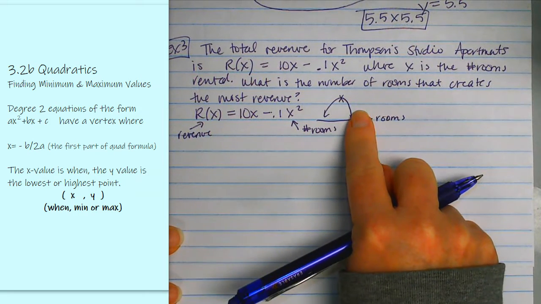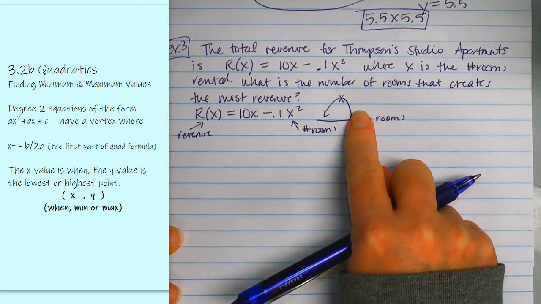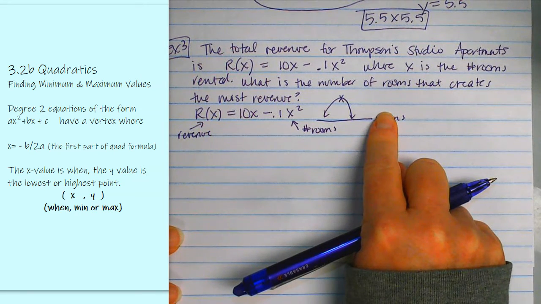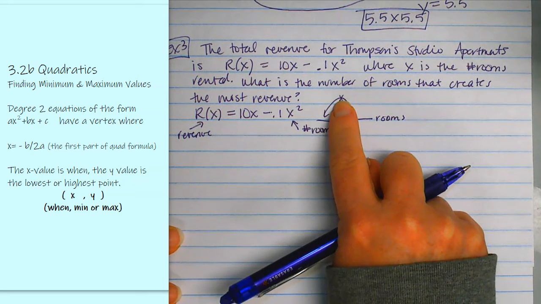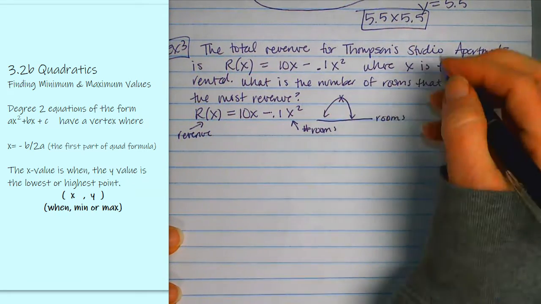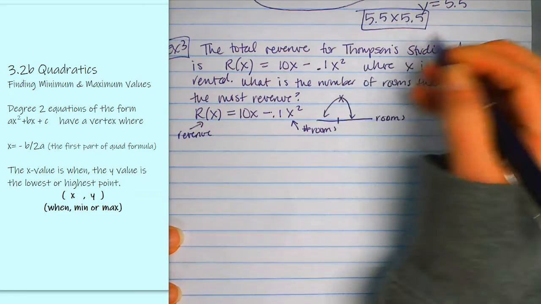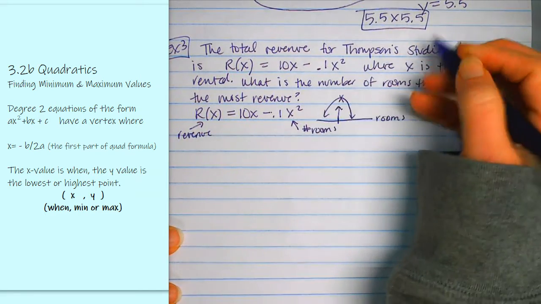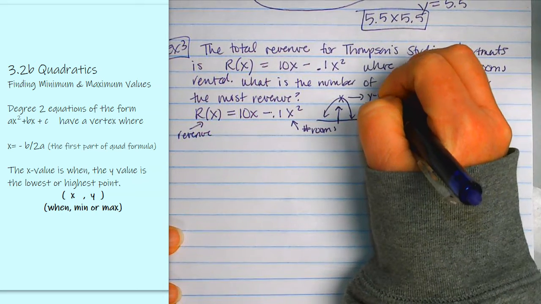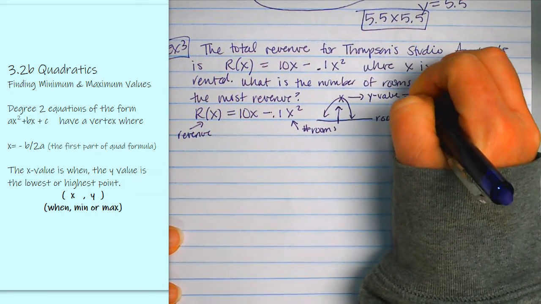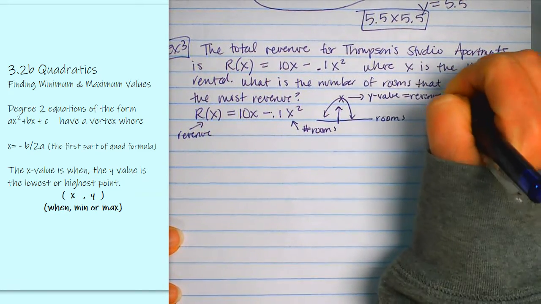Now this is me explaining in case you're wondering what we're doing. You may or may not have this written down. But the idea that it's a down parabola is important, and we're finding the maximum. Once we find which room gives us the maximum, we can plug that in, and the number out here, the y value, is the revenue or the money made.